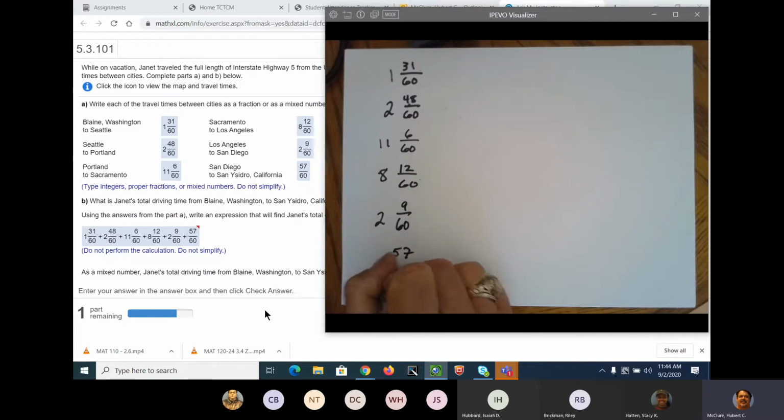Now somebody please make sure I didn't create another number. 1, 2, 11, 8, 2, and then 0 miles.